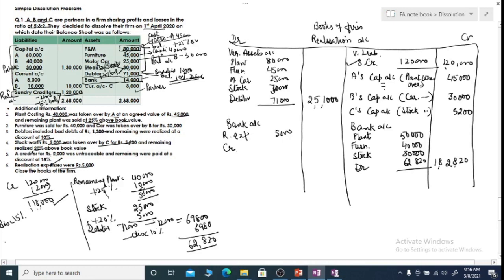So 15% of this, we get a discount of 17,700. All right, so the payment to the creditors is going to be 1,00,300. Okay, so 1,00,300 is the payment. So total payment is 1,05,300. All right, so we have just clubbed the payment of the creditors also.